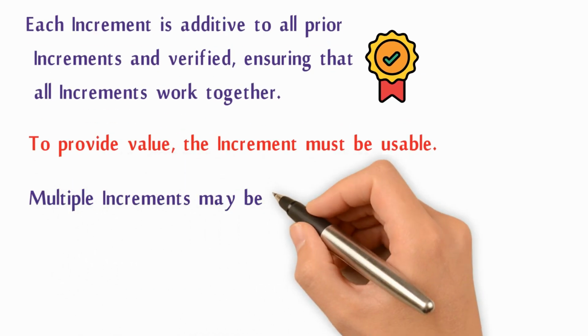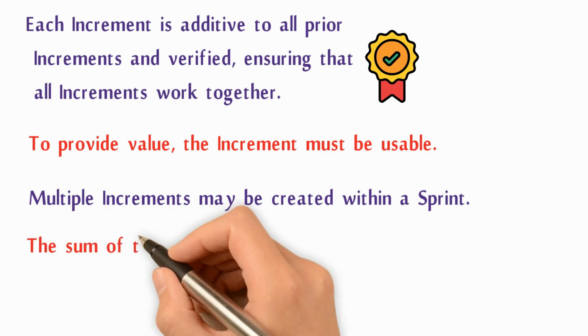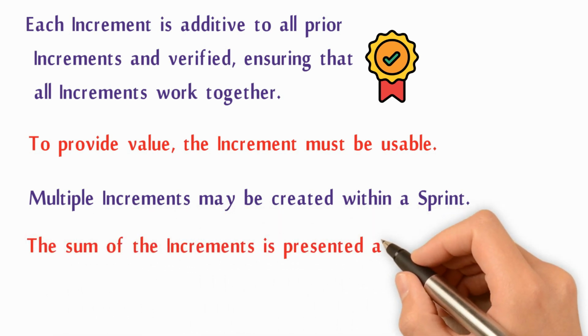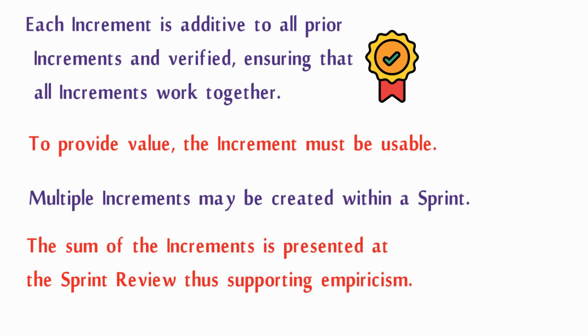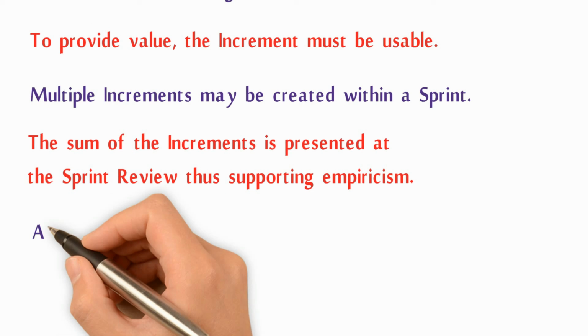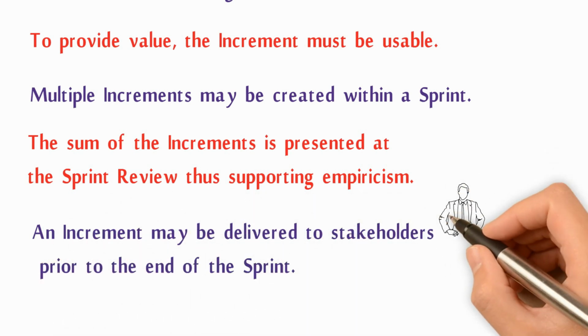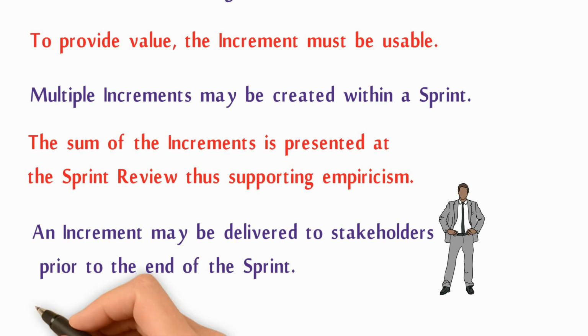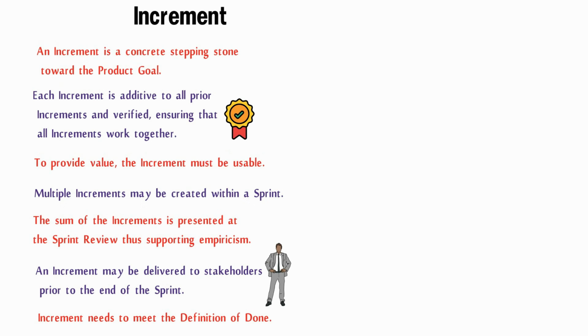Multiple increments may be created within a sprint. The sum of the increments is presented at the sprint review, thus supporting empiricism. An increment may be delivered to the stakeholders prior to the end of the sprint. Increments need to meet the definition of done.